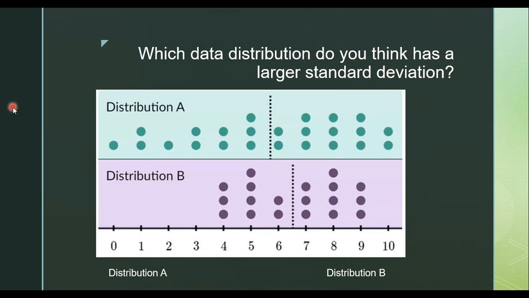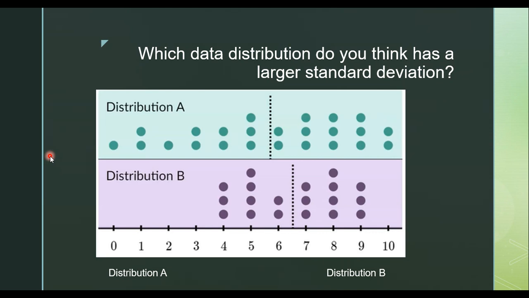And the dashed line is going to be representing our mean. So notice that the means are off between both of them. They're on the same scale, but they're off. So take a second and think to yourself. Maybe pause this video, look at distribution A and distribution B, and figure out which one has a larger standard deviation.